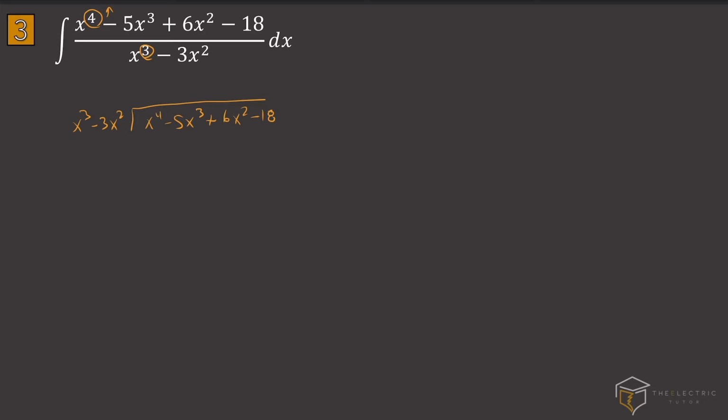Notice that if I multiply everything by x, I get x to the fourth minus 3x cubed, and I always have to subtract this, right? So I'm going to put parentheses just to avoid confusion. There's a minus always, and notice that if I distribute it, then the x to the fourths will cancel. That's great. I'll be left with minus 2x cubed, and now I can lower the plus 6x squared, or I can lower the entire thing.